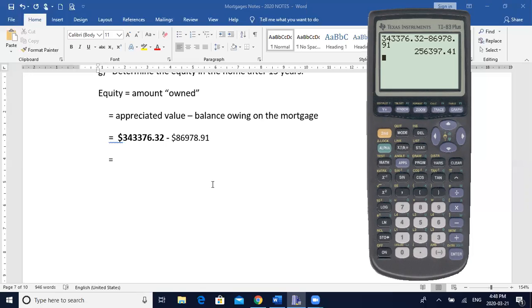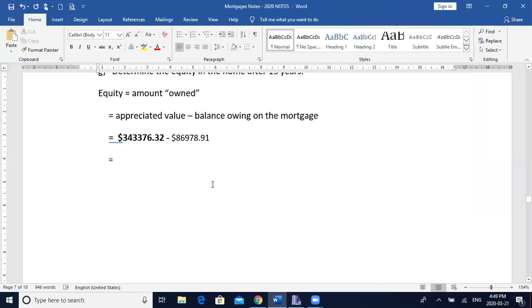The equity in the home after 15 years is $256,397.40.